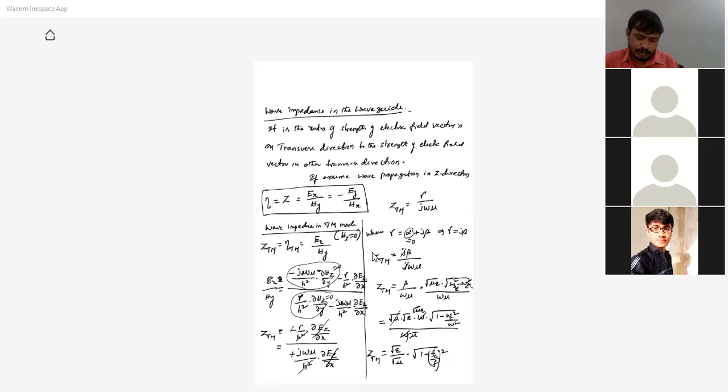Hy is nothing but j omega epsilon. That is, Hy is minus gamma by h square dou Hz by dou y, minus j omega epsilon.